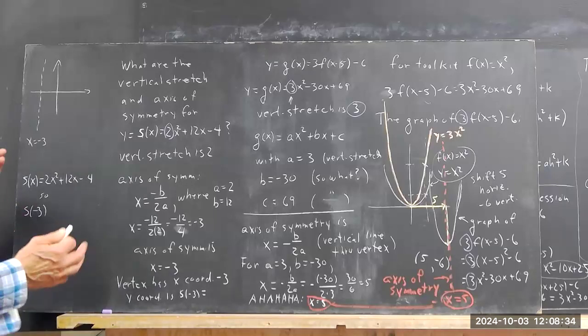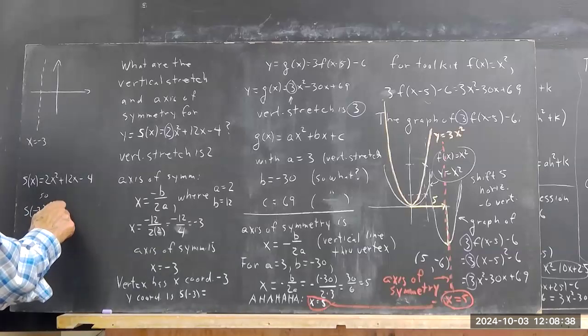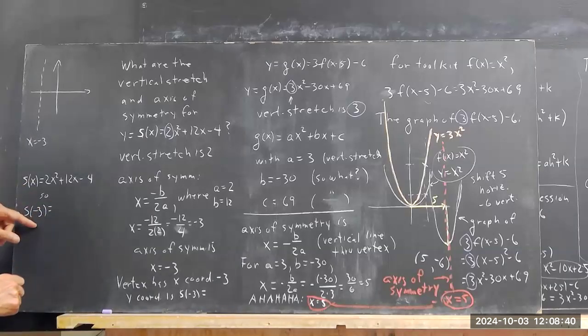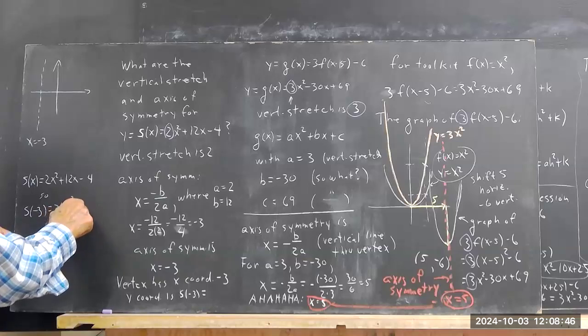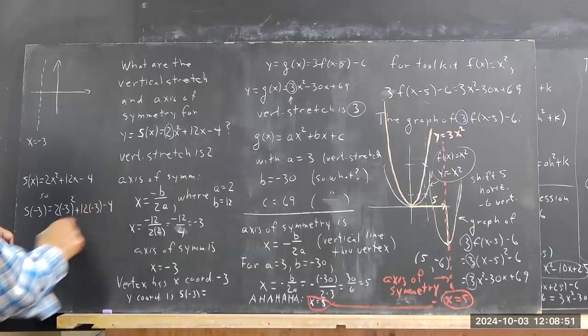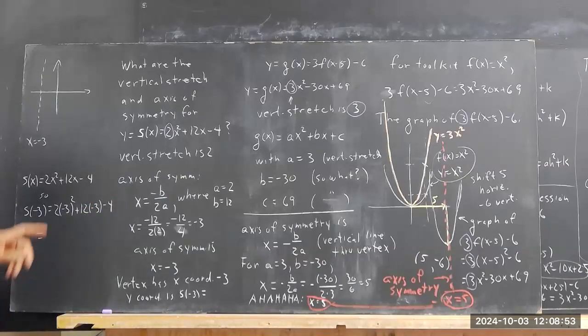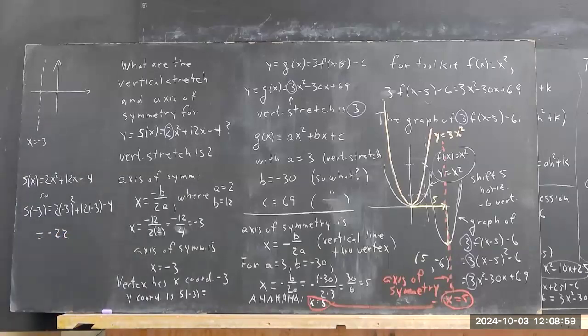So that's half the class knew what to do here. So that's a -3. X has been replaced by -3. So you replace all the x's by -3. Okay, well, that's 18 and that's -40, and 18 minus 40 is -22. I know that you can work that out.